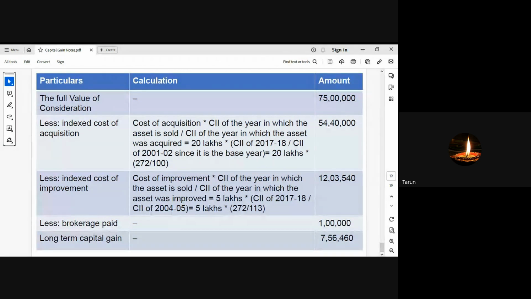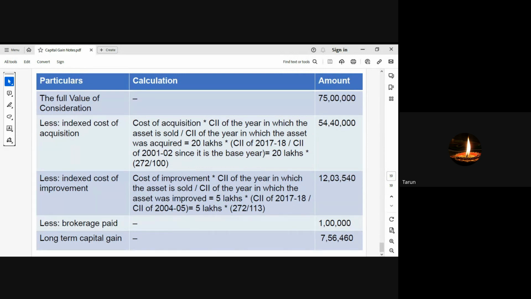Any doubt in this question? Student: In the exam, would the inflation table be provided? Yes, this table will be given in the question. If it is a multiple choice question, the values for the respective years will be given in the question.